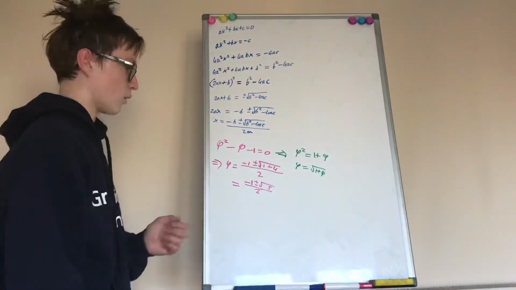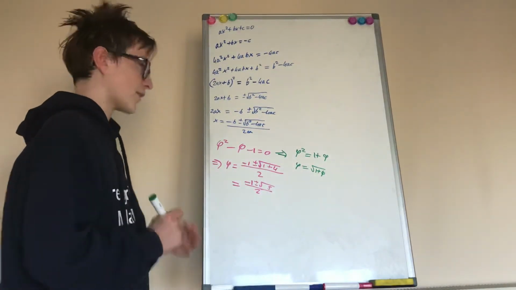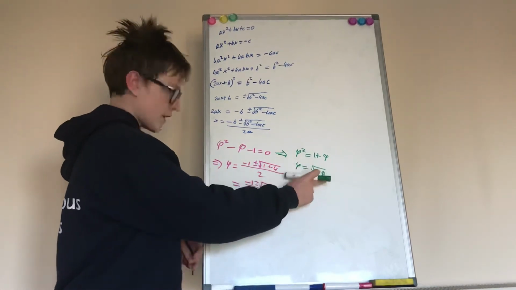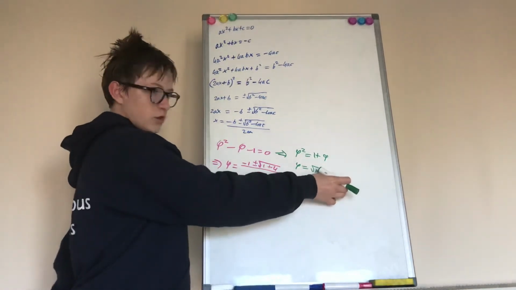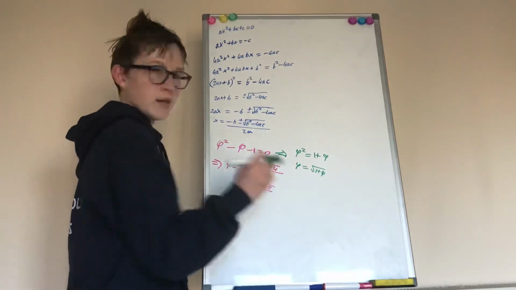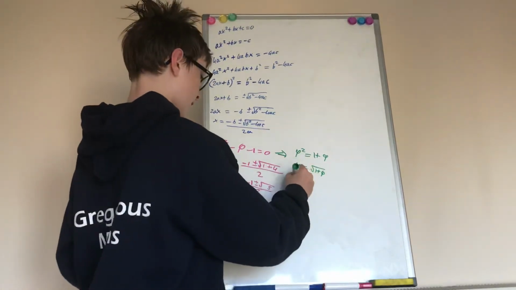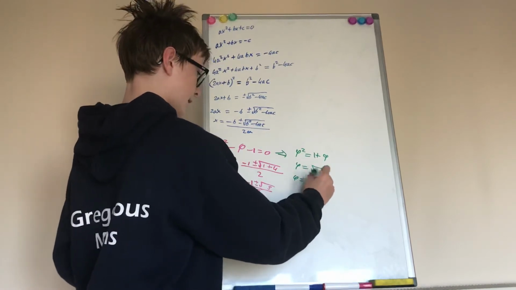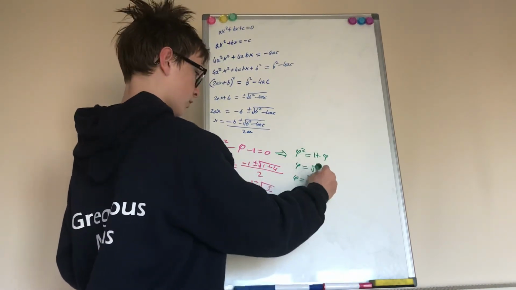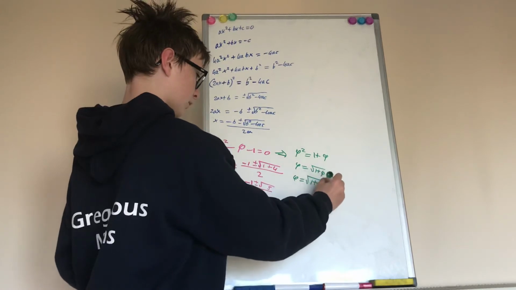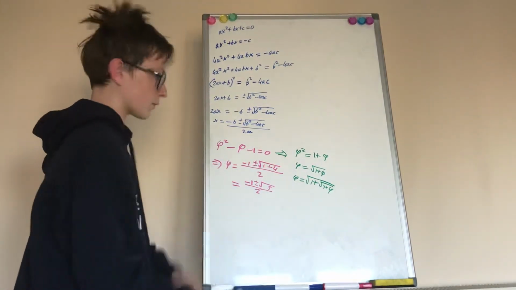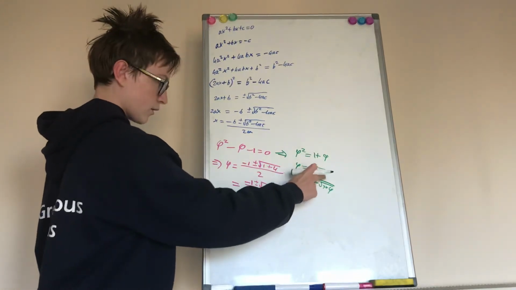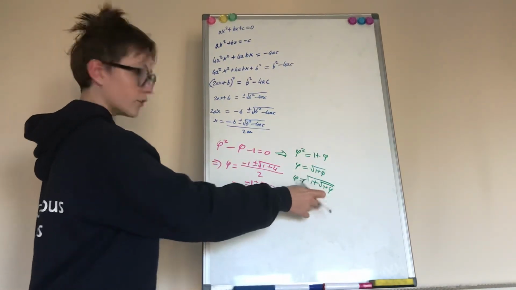Now, here's where things get very, very interesting. We have phi equals the square root of 1 plus phi. So why don't we substitute phi? So this means that phi is equal to the square root of 1 plus, and now phi is the square root of 1 plus phi. Do you see where that comes from? Phi is the square root of 1 plus phi, but we have phi here as well, so we can do this.